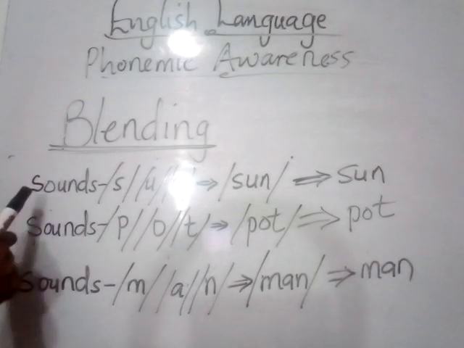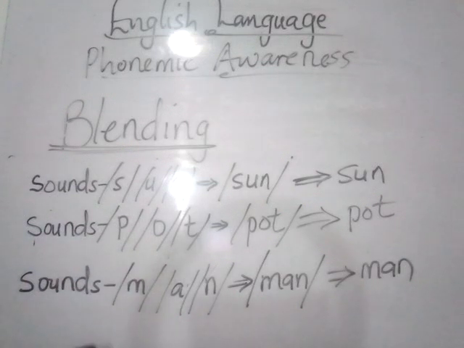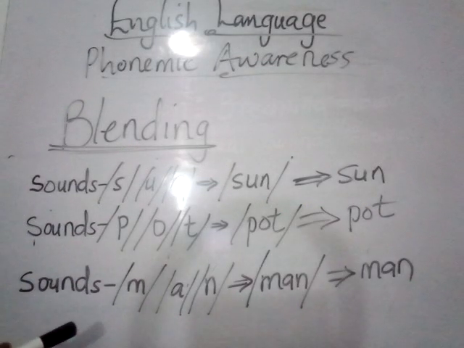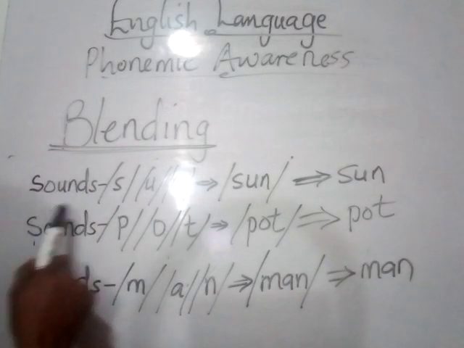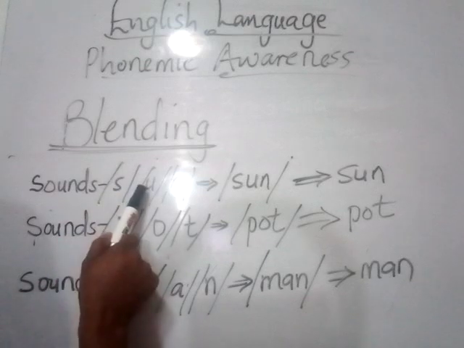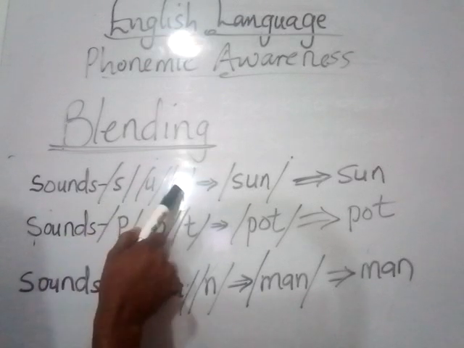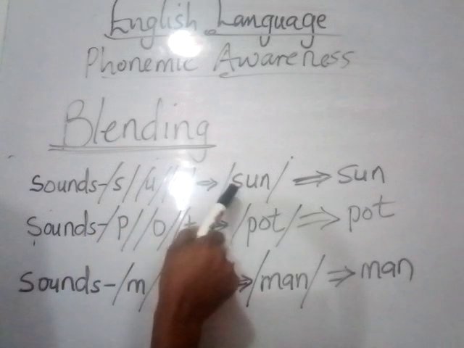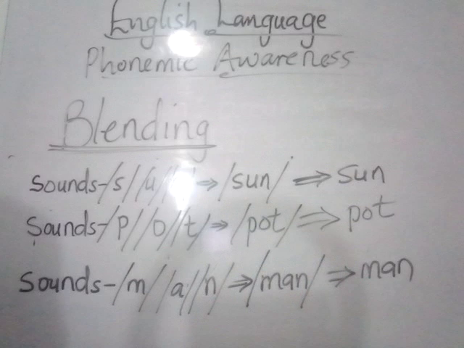Okay, so the first example here is sun. We are actually using the examples we used for the last part of segmentation here, so that you will see how they work like opposites. So the first sounds here we have s, n, which gives the sound sun, and that is the word there, sun.